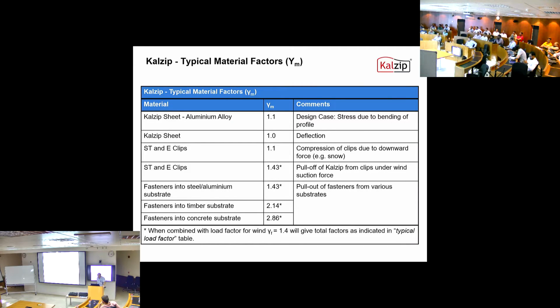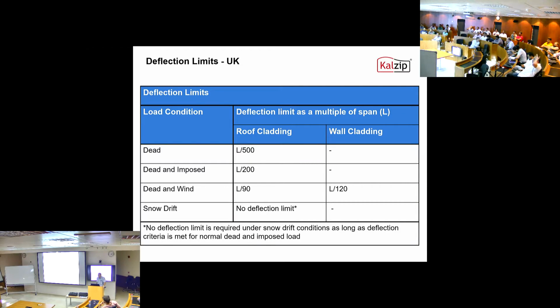These are the material factors, again, for the aluminium alloys, for the E-clips, for the aluminium clips, for fasteners into various substrates. We can fix into concrete, timber, and light gauge steel. So again, different factors are used for different applications. Different deflection limits we can look at as well, subject to what the project parameters are.